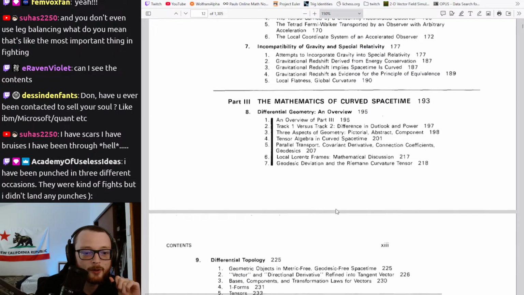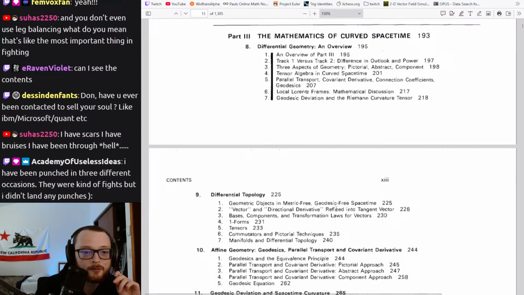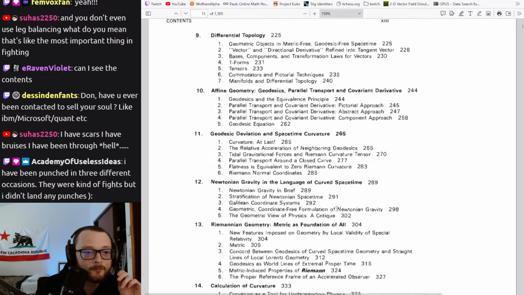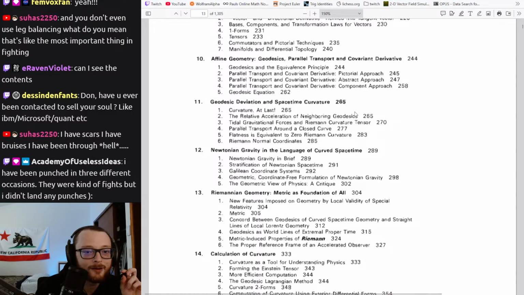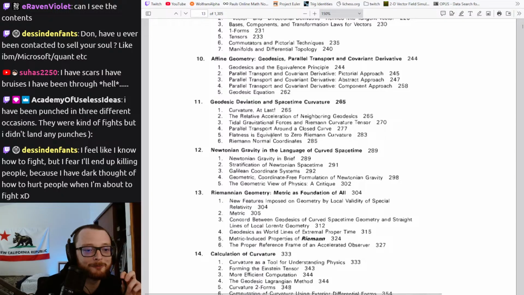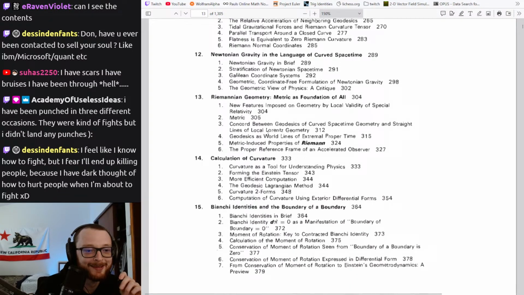It looks pretty cool, though. Differential topology? I didn't know that was a thing. Oh god. I can already tell where we're gonna fall off the rails again if we do this. I'm down to try and fall off the rails, though. Riemannian geometry?